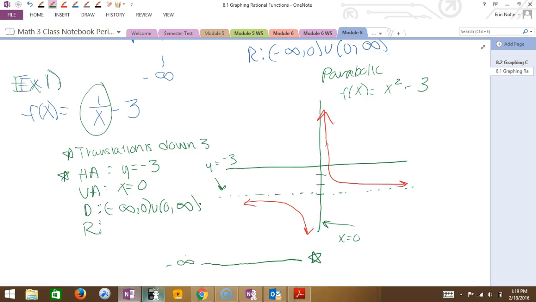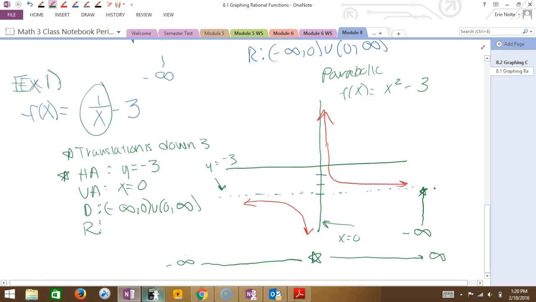Our range isn't going to be quite the same though. So range, we're looking at y values. So I'm going to start down here at the bottom towards -infinity, and I'm going to go up, go up, go up, go up, stop. What's stopping me there?